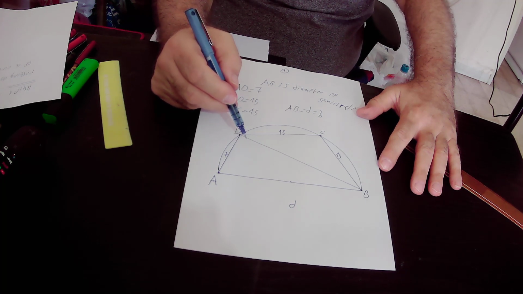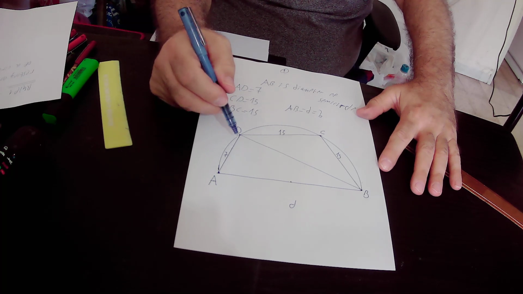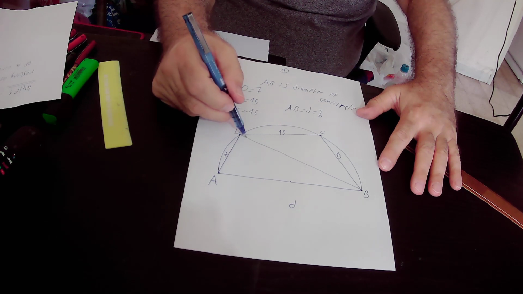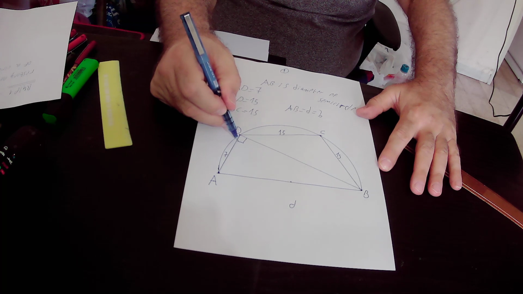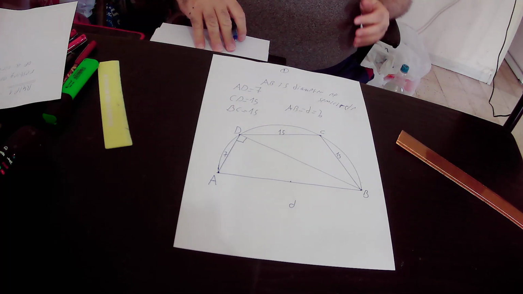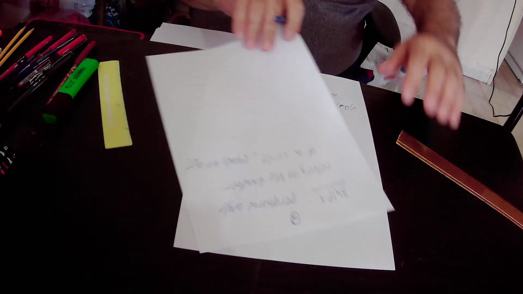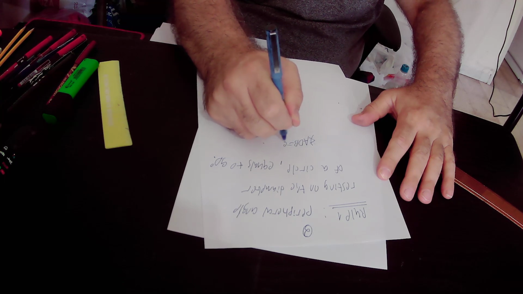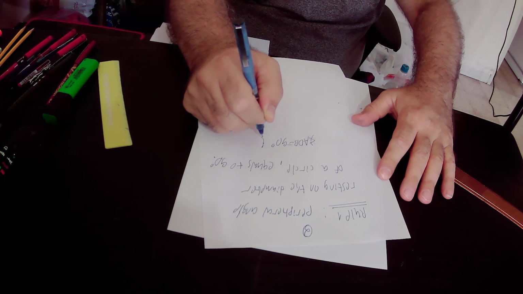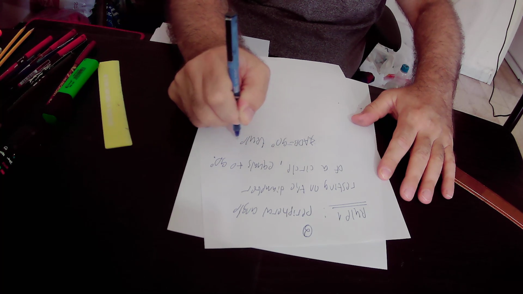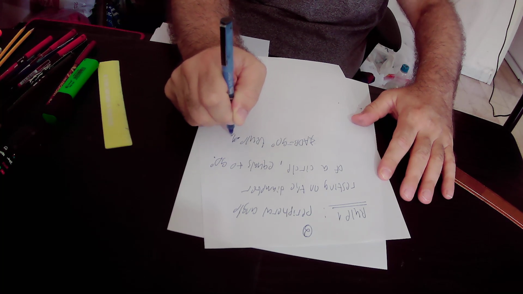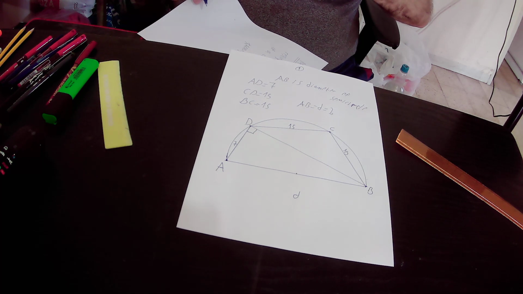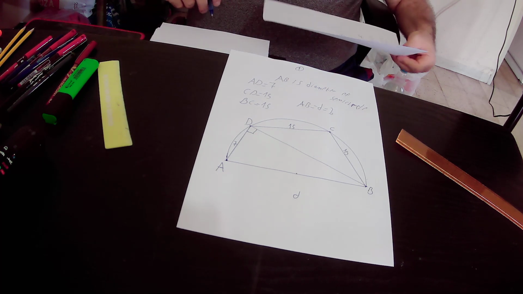Therefore, according to rule number 1, angle ADB that rests on the diameter of this semicircle will be equal to 90 degrees. Because it rests on the diameter of the semicircle, it equals 90 degrees according to rule number 1.